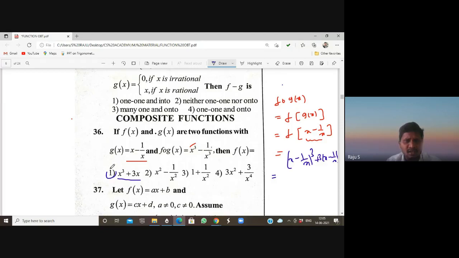Does the first option satisfy the given condition? Then it is right.